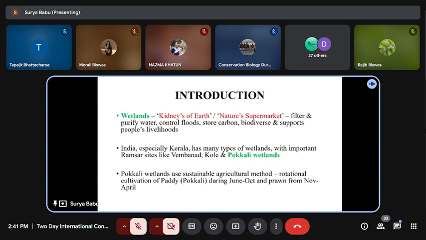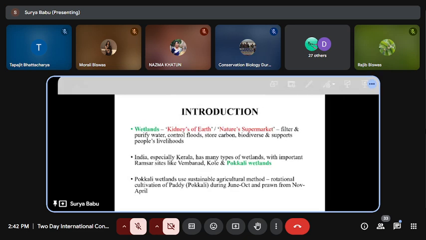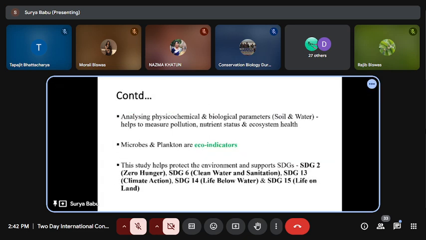In the Pokali wetlands, a sustainable agricultural method is practiced. During the first 6 months, that is from June to October, paddy cultivation is practiced, which is followed by prawn cultivation during the next 6 months. And I have analyzed the physical, chemical, and biological parameters of soil and water.